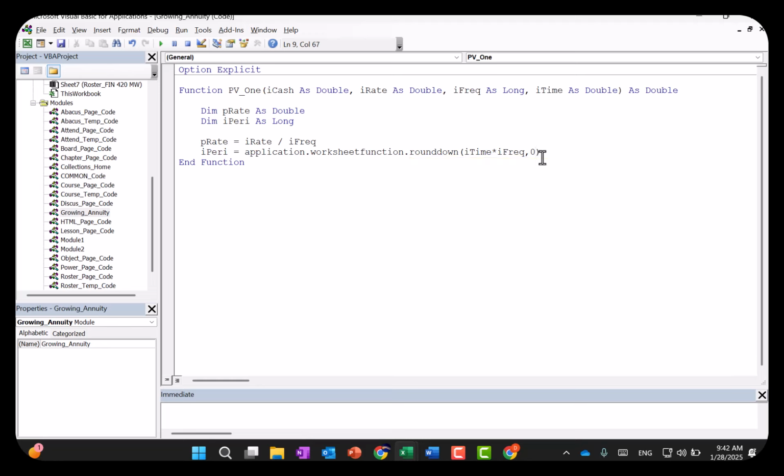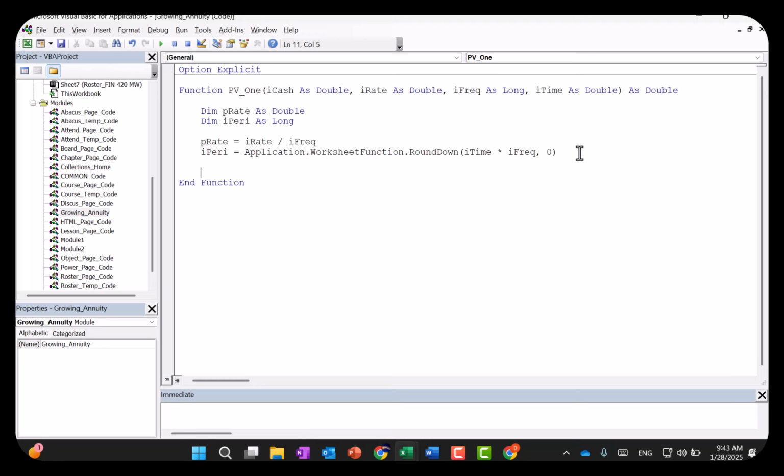I want 0 digits, basically. Sometimes, the function is not available in VBA. I don't think RoundDown is available, but either way, I get it.